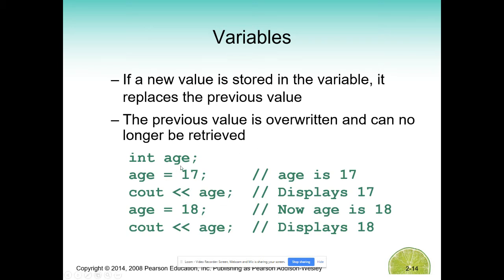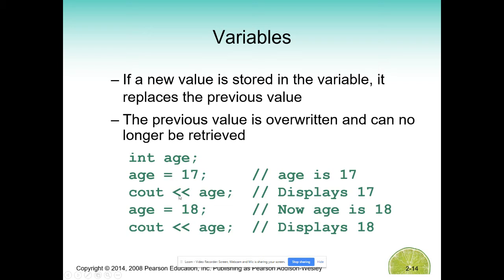You can say int age, and then age equals 17. With int age, you're declaring it: I need a data type that's integer, and I'm going to call it age. Now I'm setting age to be 17. You can do this at the same time: int age equals 17. Now you declared it and assigned a value.